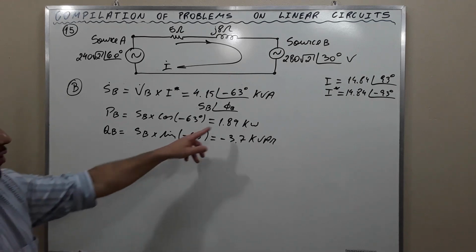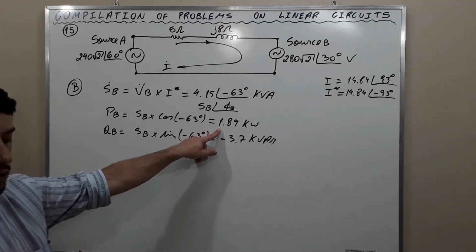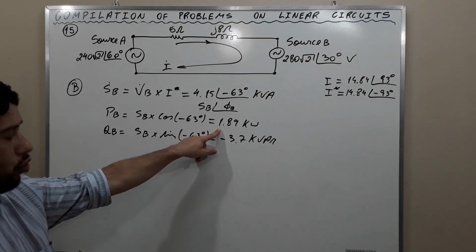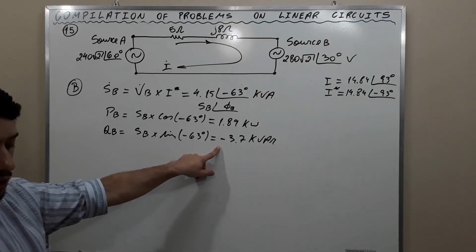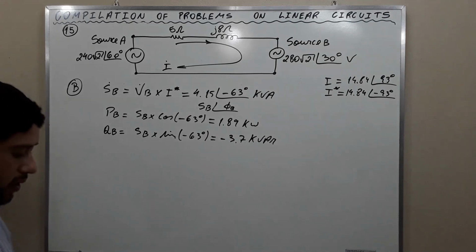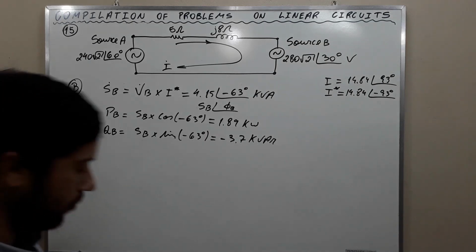Okay? This positive sign here means that source B is consuming real power, and this negative sign here means that source B is supplying reactive power.